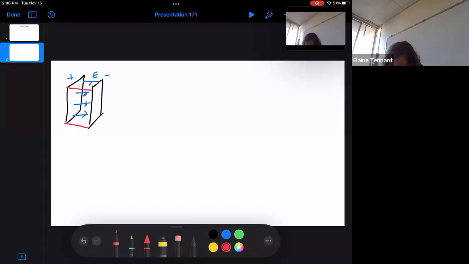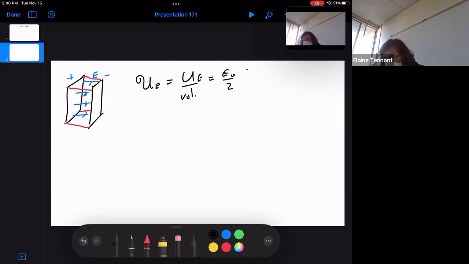But even more than that, we said there is a volume, a cubic volume, inside of that parallel plate capacitor. And so at that point, we're able to relate the energy density of an electric field, energy per unit volume, to the electric field magnitude.